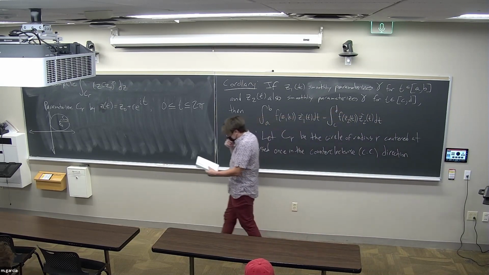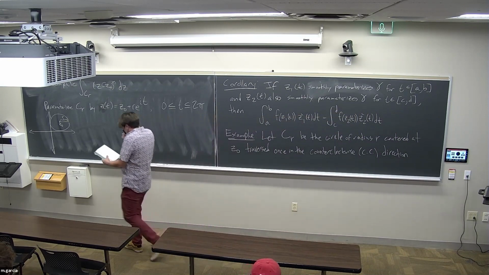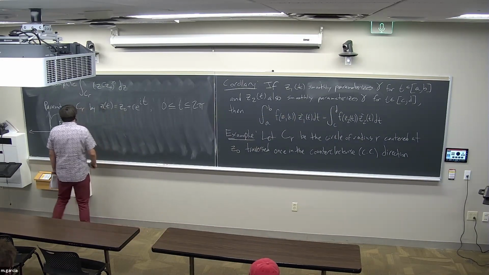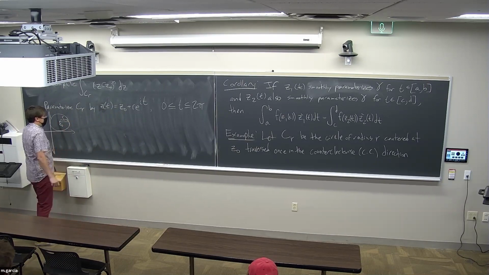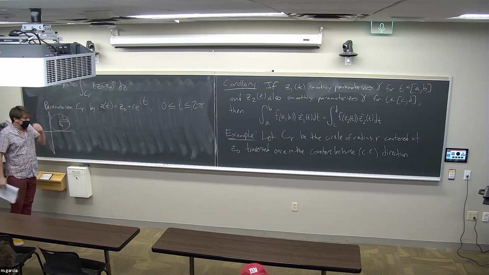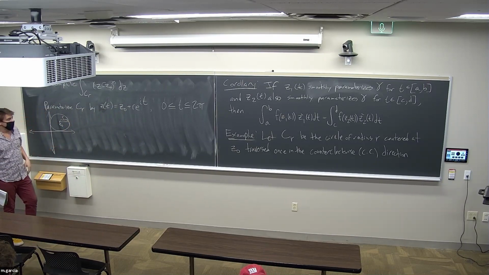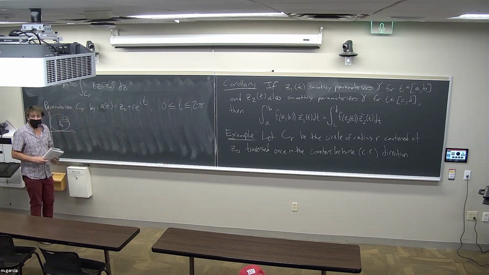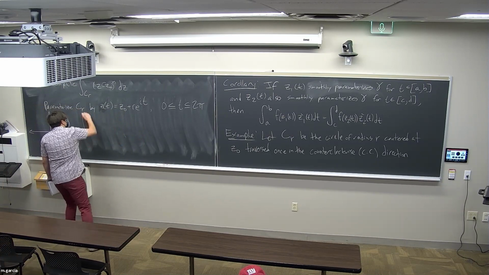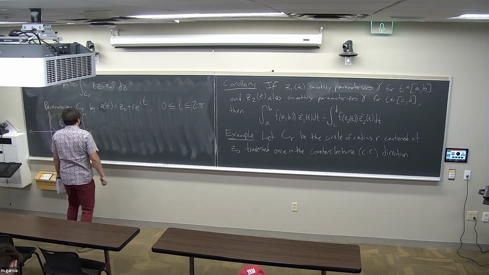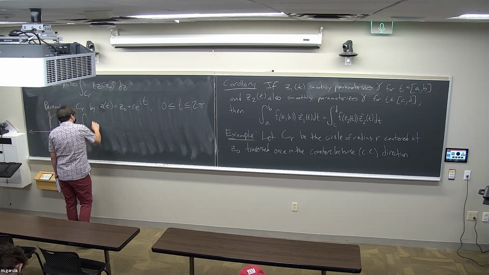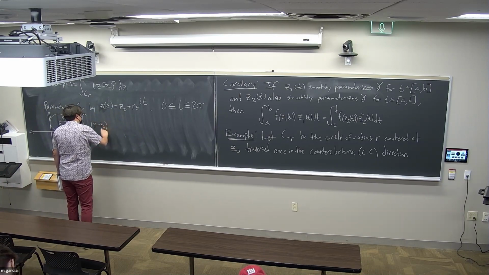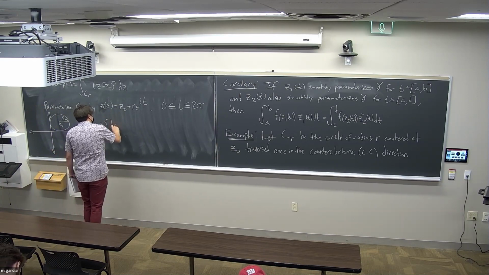Okay. So, great. We have a parameterization. Now we can just plug into our formula from the previous theorem, right? So this is to say the contour integral around C sub r of z minus z naught to the n dz.